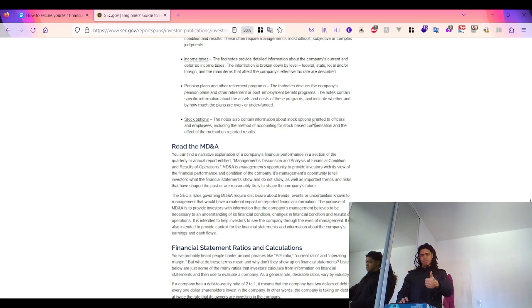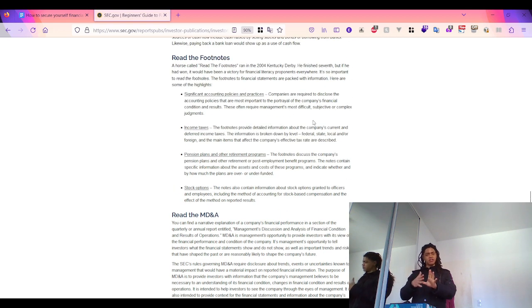Okay. So with that, then I look at the footnotes, which are important because they describe things like accounting policy and practice. So how these companies are adhering to this accounting practice, which is some information that most disclose that is sensitive. So for example, they are adhering to GAAP, which is generally accepted accounting principles.